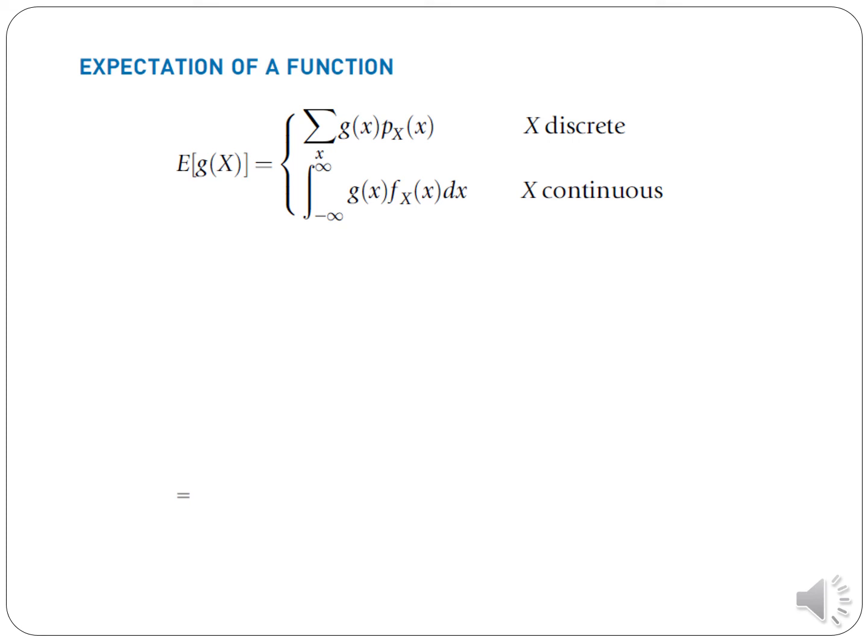So what is the difference between this formula and the formula given in chapter 3? Basically, the difference is that in chapter 3 instead of g(x), we use just x into p(x) or x into f(x). Here we are keeping the probability the same. The probability of x remains here, but x is being replaced by g(x).